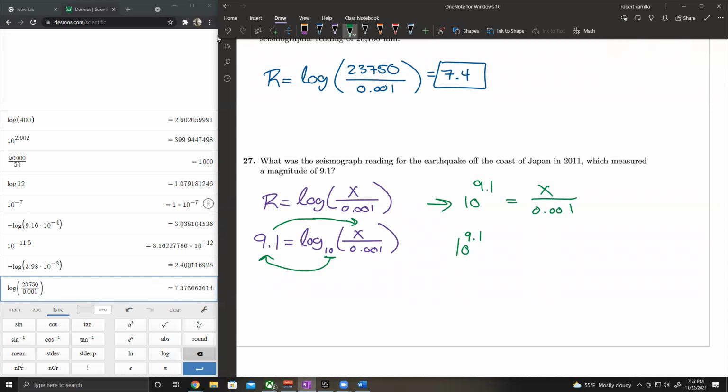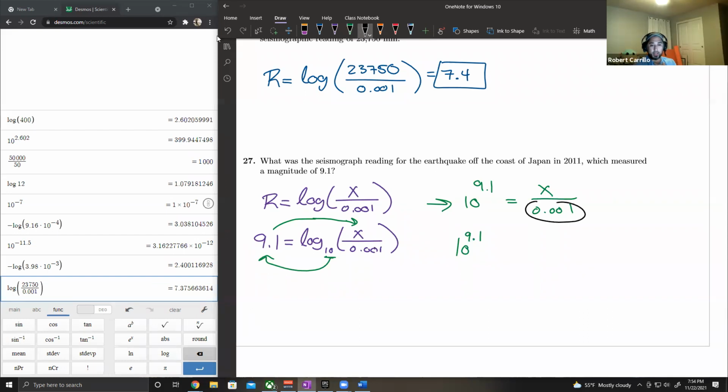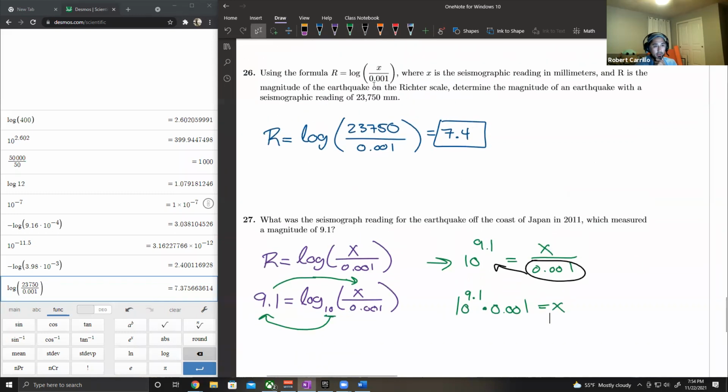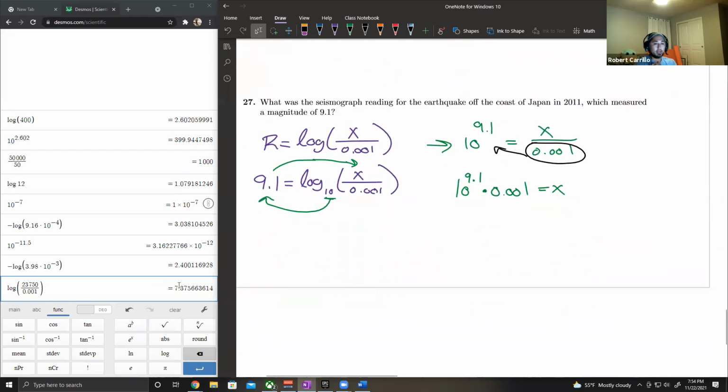Good. So you would just multiply this denominator to the left side. And we get 10 to the 9.1 times 0.001 equal to x. I didn't forget a zero, did I? 1, 2, 1. Okay.